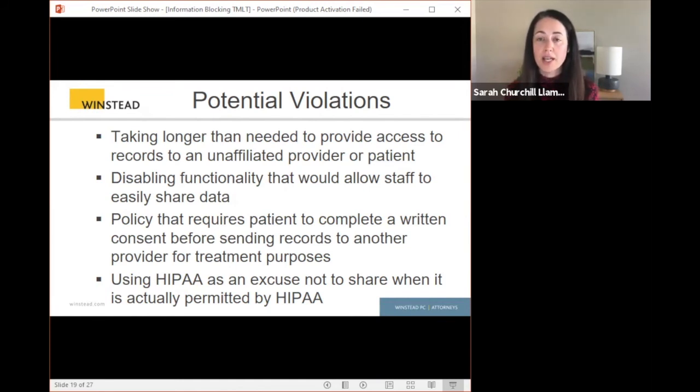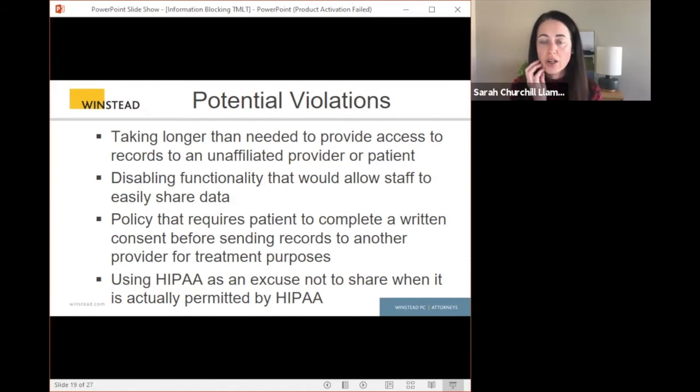But a lot of times that can be difficult for patients to even come in. I know some practices want a wet signature on those requests. This is a good example of where they would see you asking for that as putting a hurdle between the patient and their records that you don't need.